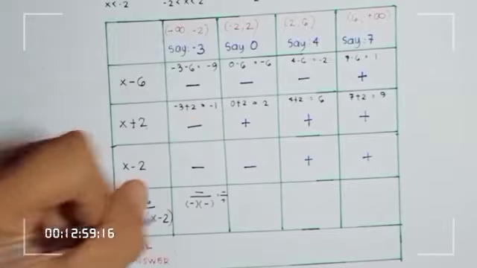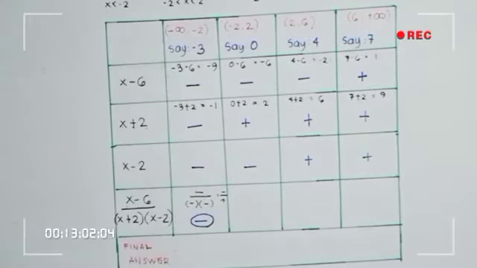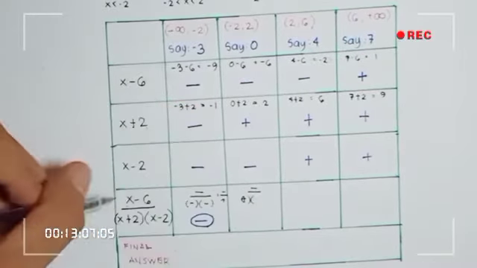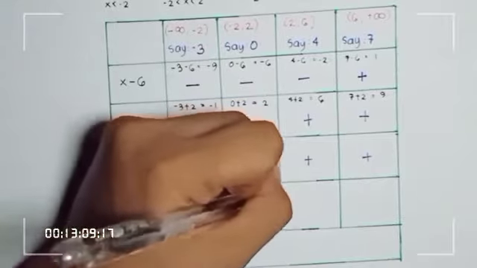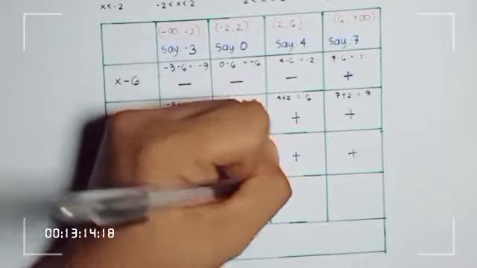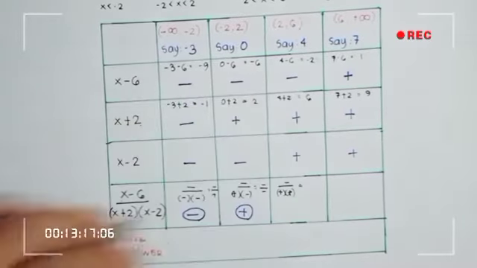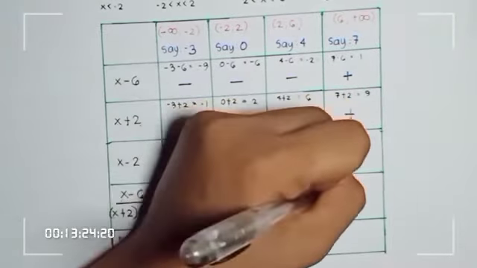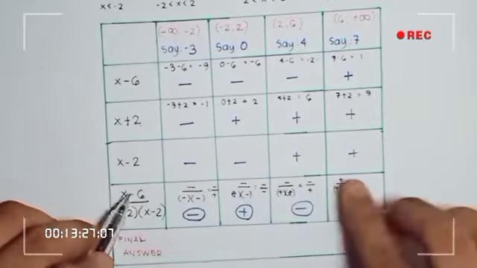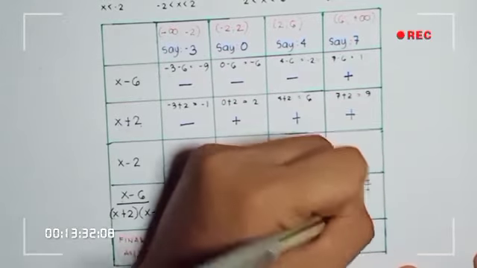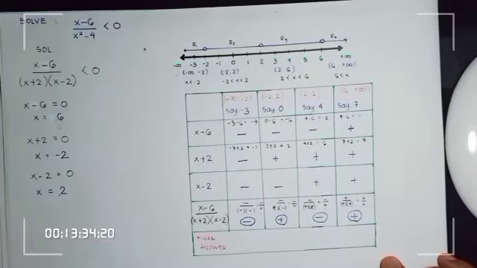So negative over negative times negative in the denominator results to positive. Negative divided by positive is negative. And then we have negative over positive times negative. We have negative over negative, that is positive. And then negative over positive times positive, that is negative. And then we have x minus 6 is negative, x plus 2 is positive, x minus 2 is positive. And then negative over positive, and that is negative.